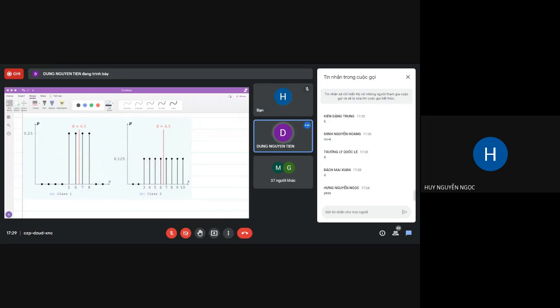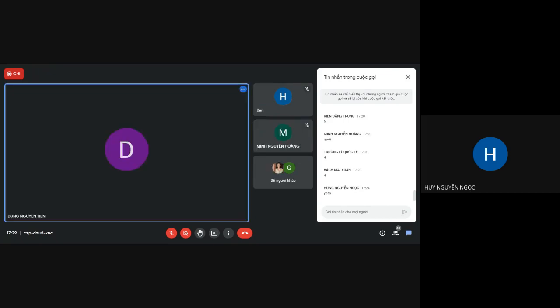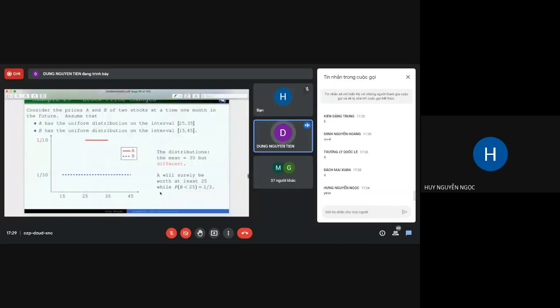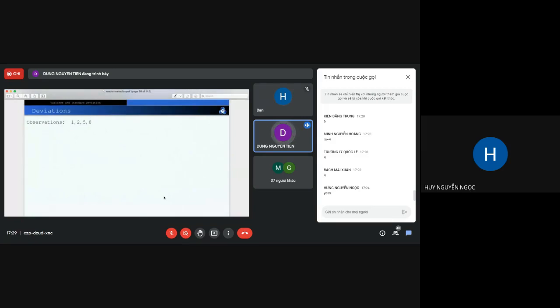Let's consider the following example. Now suppose that we have 4 observations, which are 1, 2, 5, 8.